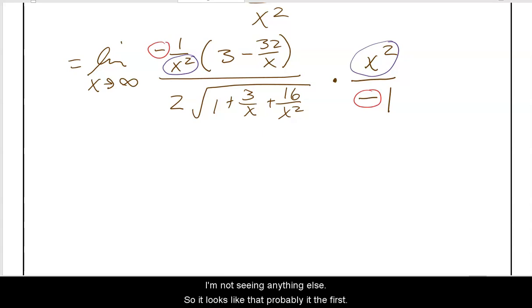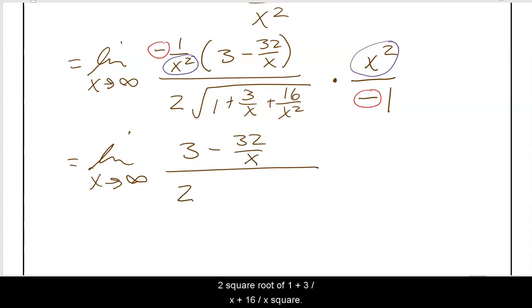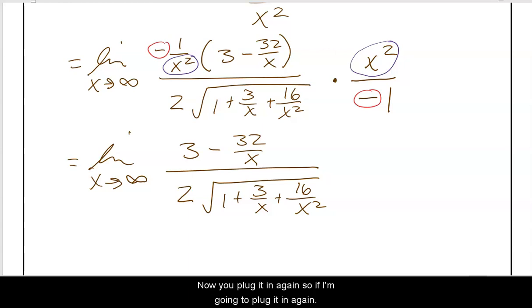I'm not seeing anything else off the bat, so it looks like that's probably it for the first pass. And this gives me 3 minus 32 over x, all over 2 square root of 1 plus 3 over x plus 16 over x squared. Now you plug it in again.